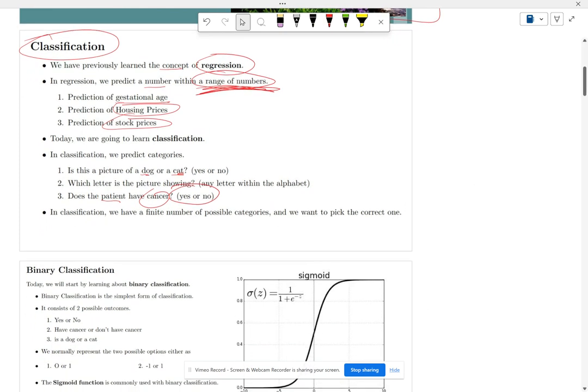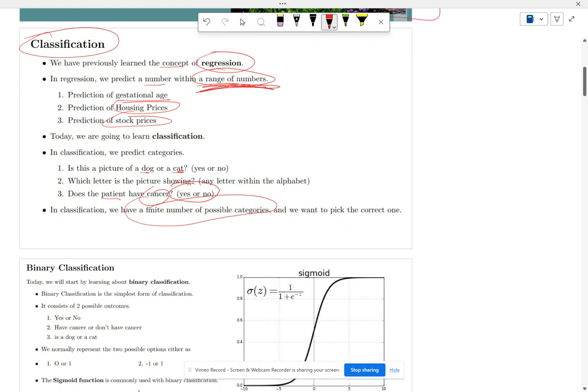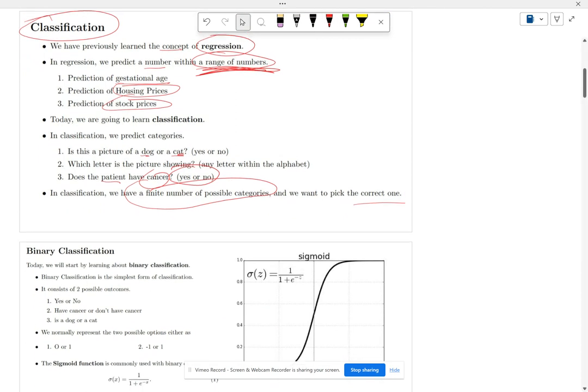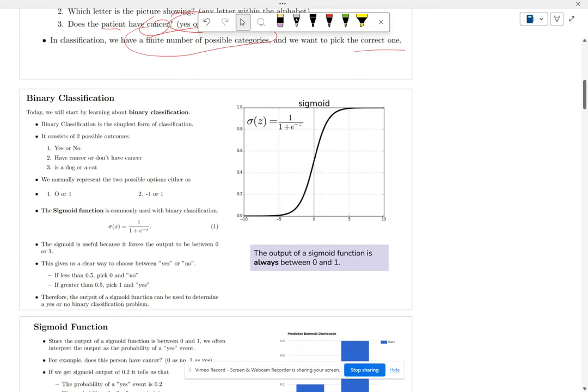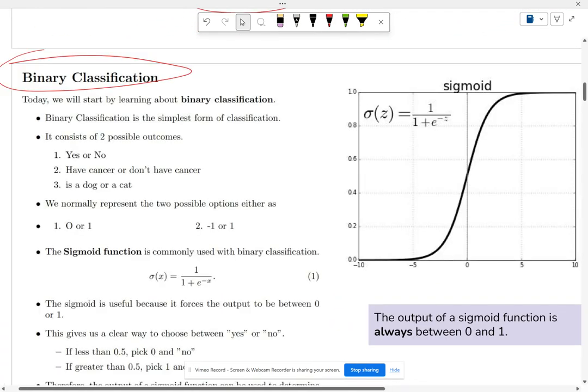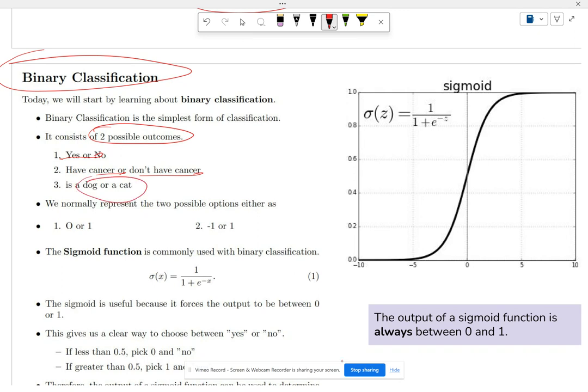In classification, we have a finite number of possible categories, and we want to pick the correct one. The simplest form of classification is called binary classification. In binary classification, your choices are just two possible outcomes. Yes or no: does he have cancer or not? Is this a dog or a cat?